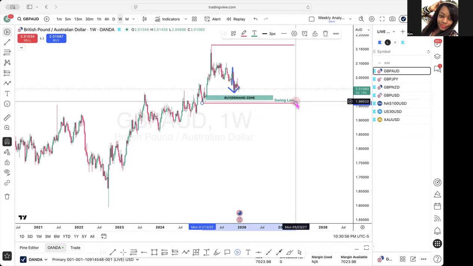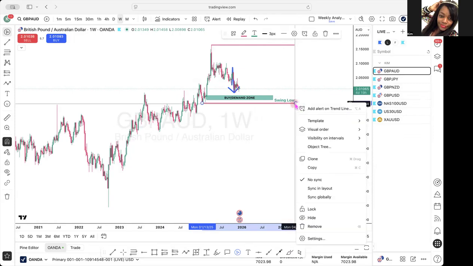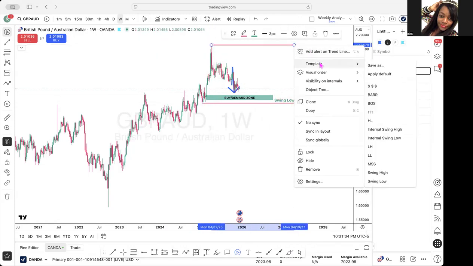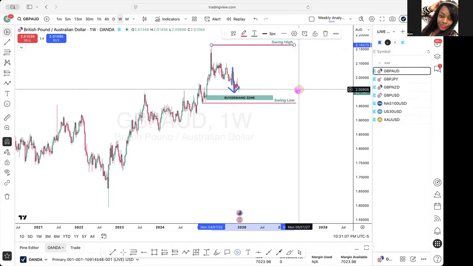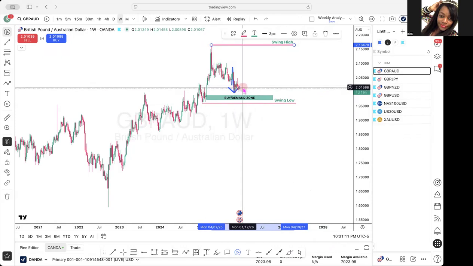So this is my structural swing low, and this is my swing high. And as you can see, price is pulling back down to this zone.